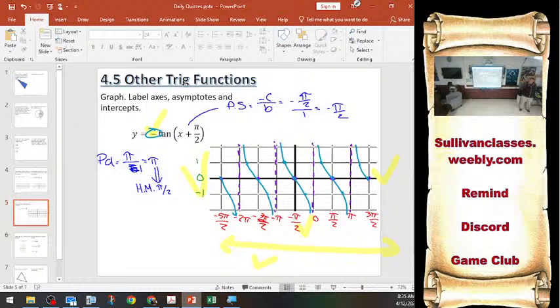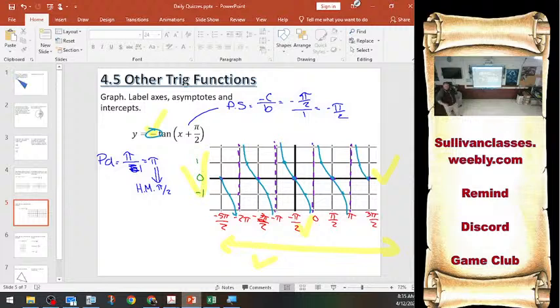Tangent of 0 is just 0. So what would the cotangent of 0 be? Undefined. What's the tangent of pi over 6? Square root of 3 over 3. So what would the cotangent of pi over 6 be?